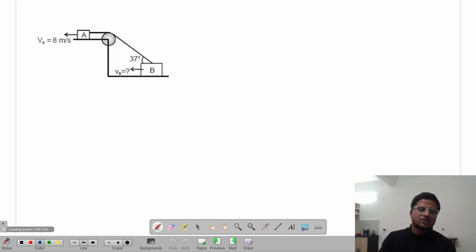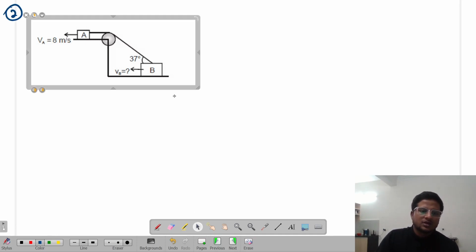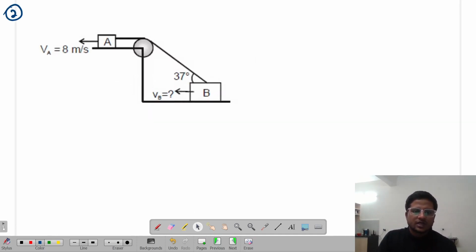तो मानो एक सेकेंड एग्जांपल पकड़ते हैं। मान लो एक ब्लॉक ए है, एक ब्लॉक बी है, देन फाइंड द वेलोसिटी ऑफ ब्लॉक बी इफ ब्लॉक ए इज पुल्ड विद स्पीड ऑफ 8 मीटर पर सेकंड टुवर्ड्स लेफ्ट. हाँ, find the velocity of B. That should be how much? 8.